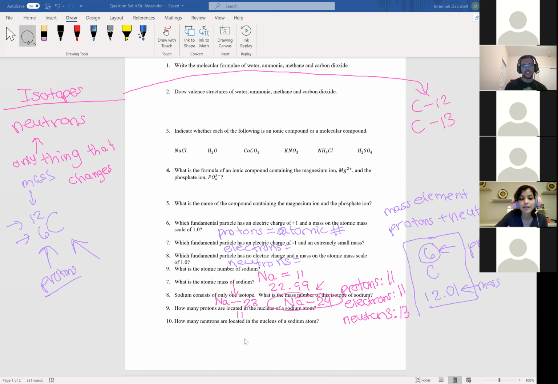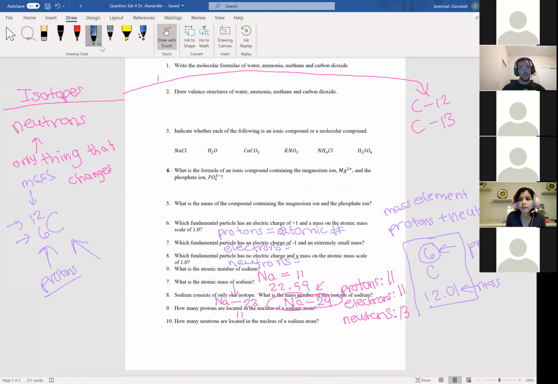But yeah, it says sodium atom, how many neutrons. So basically what you're doing is you're looking at the atomic mass and subtracting the number of protons. So how many neutrons would there be for the sodium atom? Are you talking about the isotope?